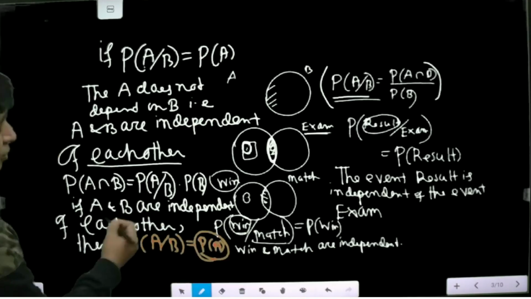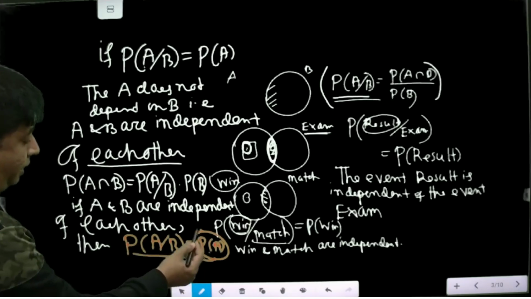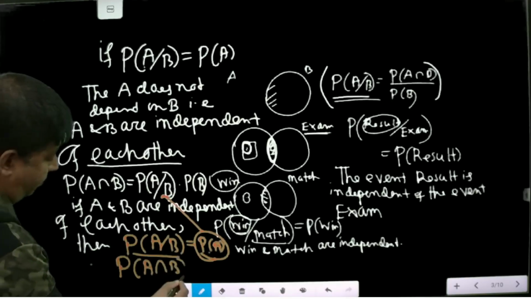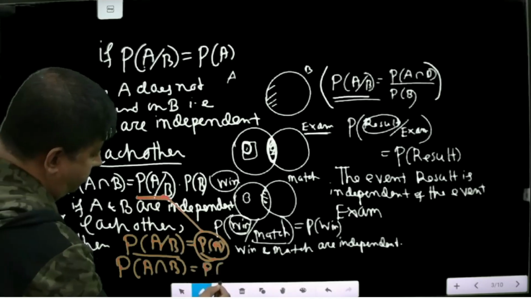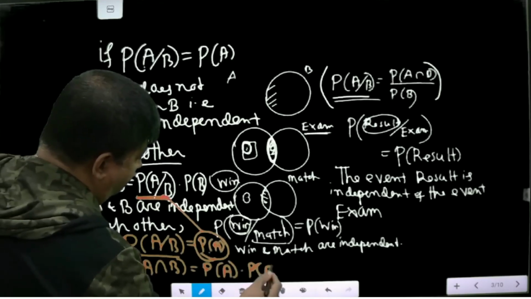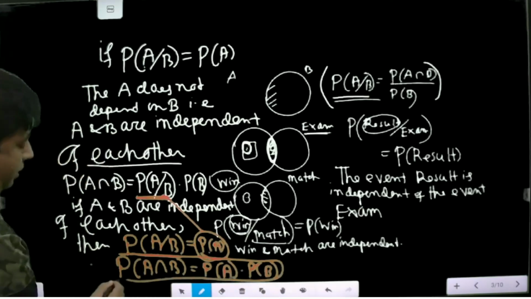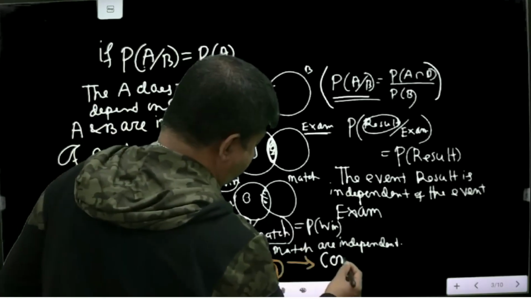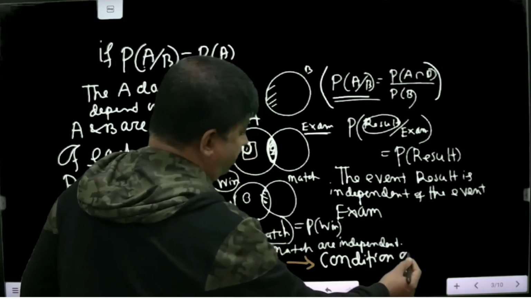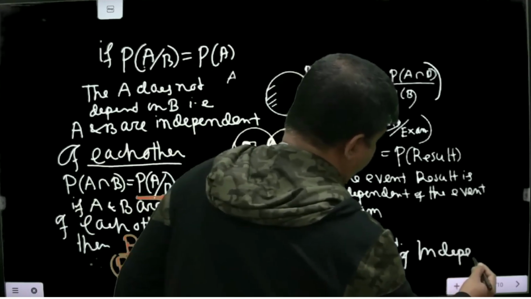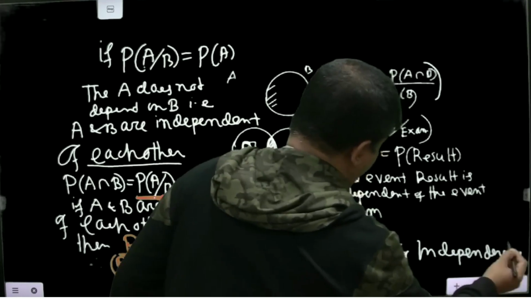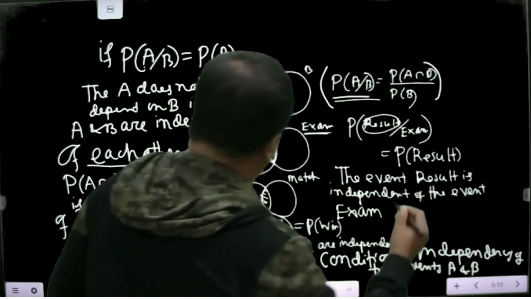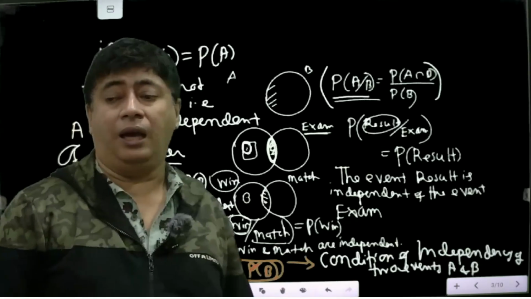So you plug this value. Instead of P(A|B), you can put it here. Therefore, P(A∩B) is equal to P(A) into P(B). That is the condition of independency of two events A and B. Okay.